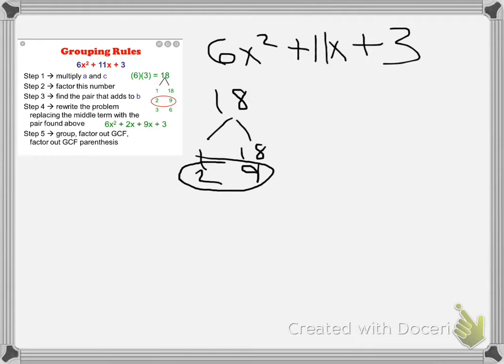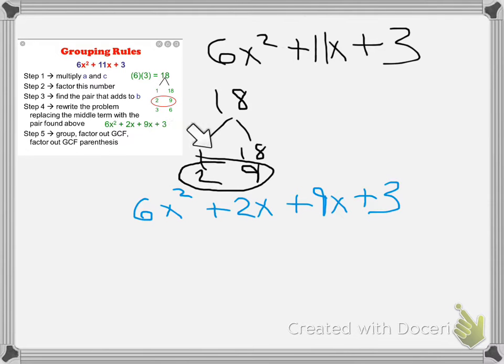So I'm going to rewrite that as 6x squared plus 2x, so I'm using that 2, plus 9x, so I'm using that 9 right there, plus 3. Okay, so again, I use these two numbers, 2 and 9, to break up that 11x. So 2x plus 9x gives me 11x. That's kind of that process there.